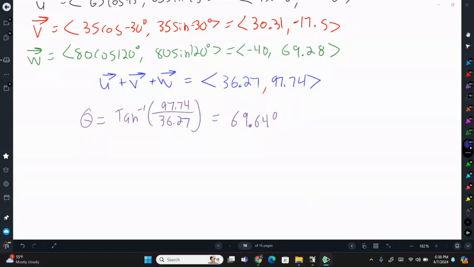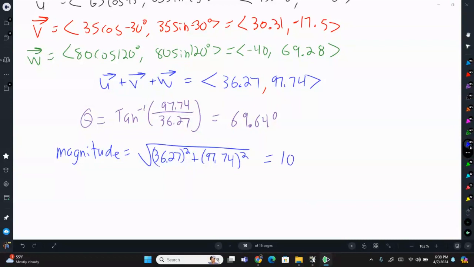So now the magnitude of our vector is going to be the square root of 36.27 squared plus 97.74 squared. And if I type that in the calculator just like that, I get 104.25 pounds of force.